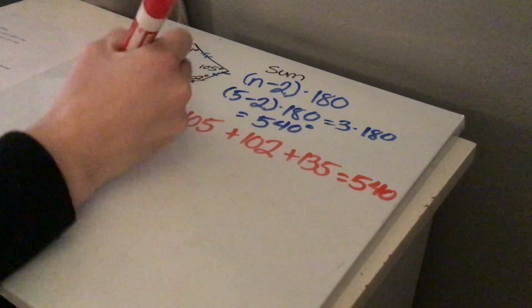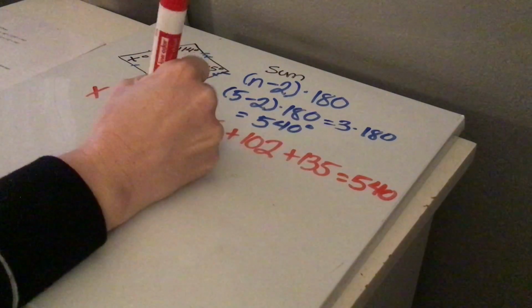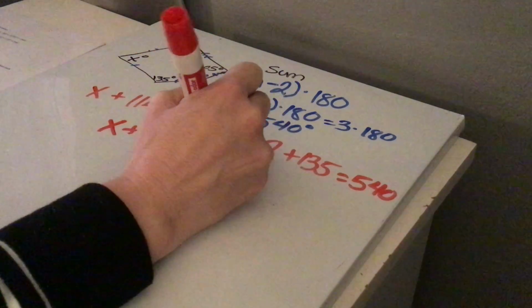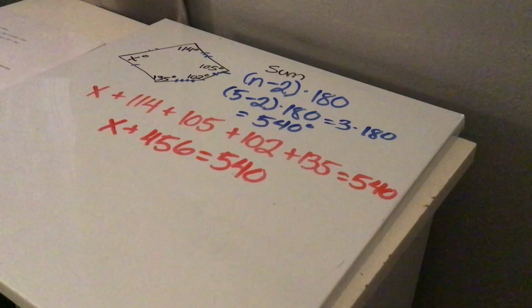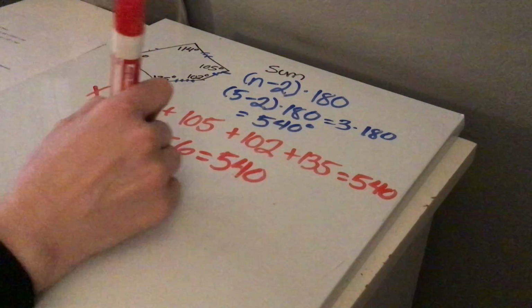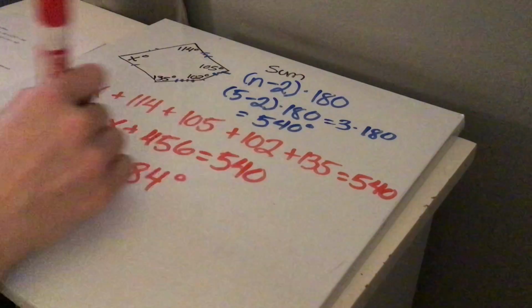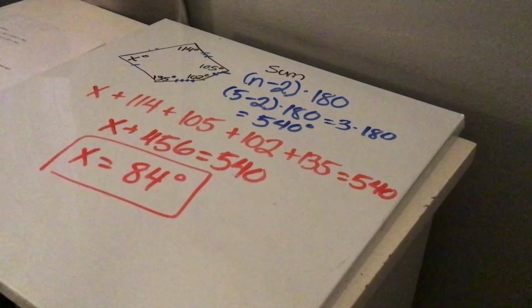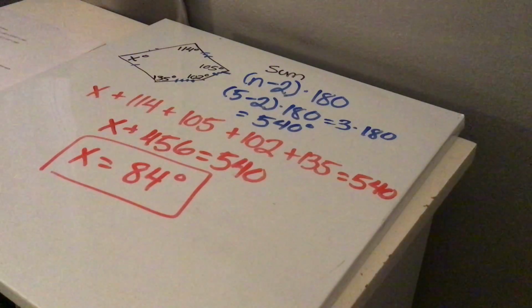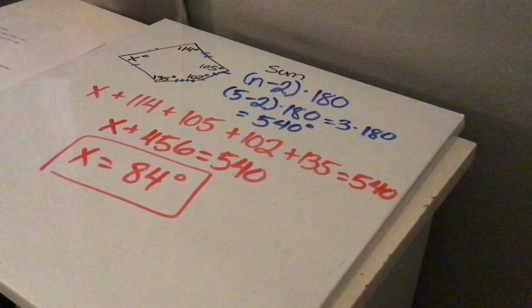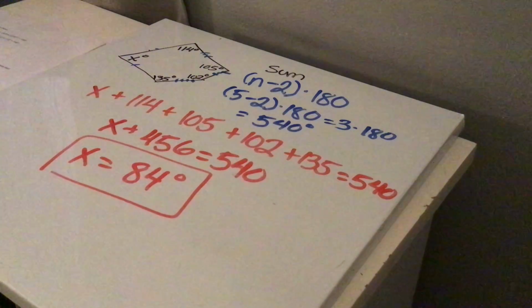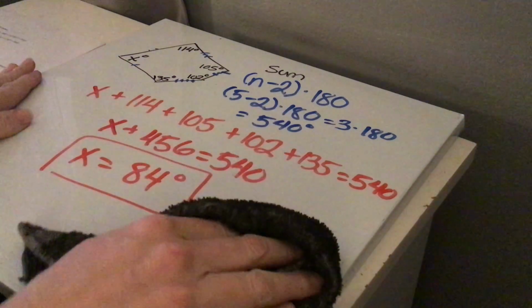So if we add up all these numbers, we get x plus 456 equals 540. Then get x by itself, you're going to subtract 456, and you get that x is 84 degrees. Okay, so you start with the sum and then work from there once you know what the sum should be.